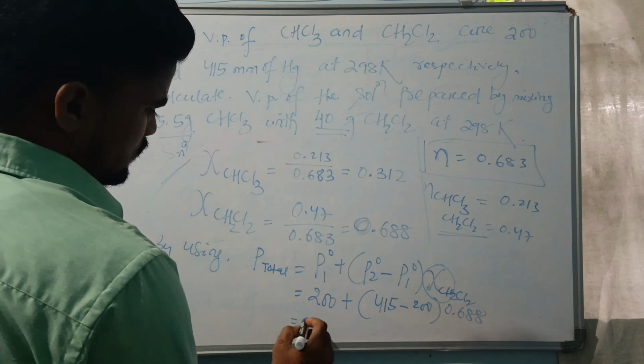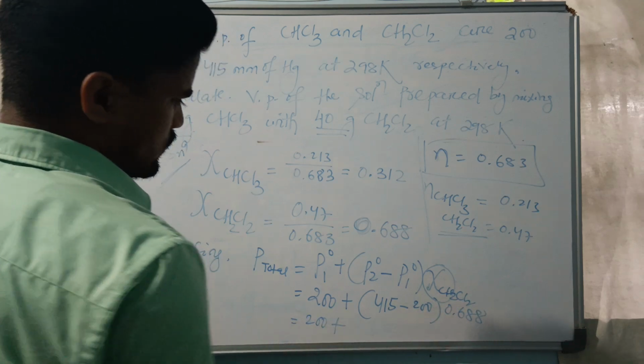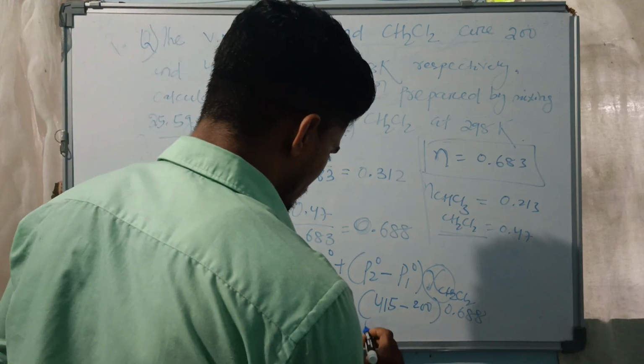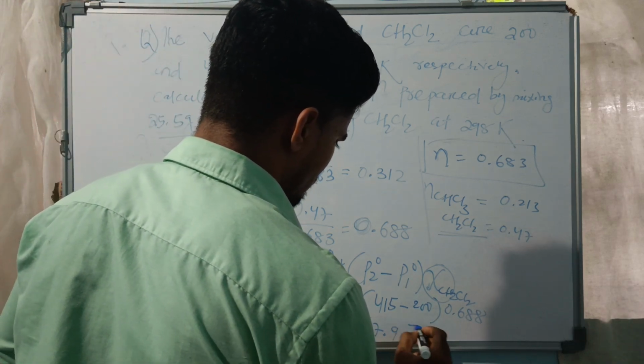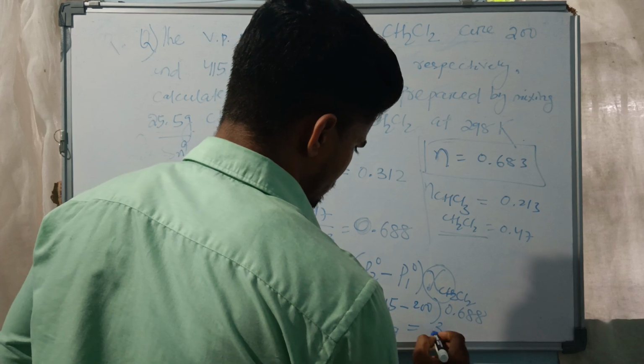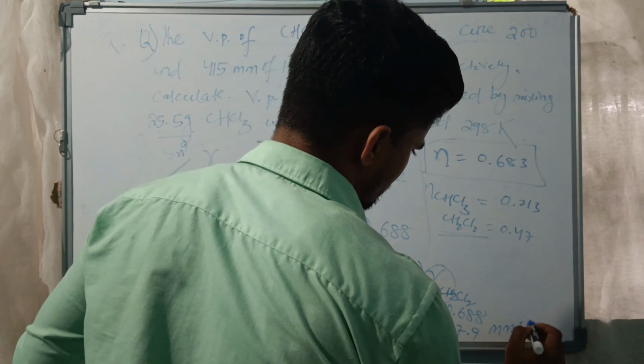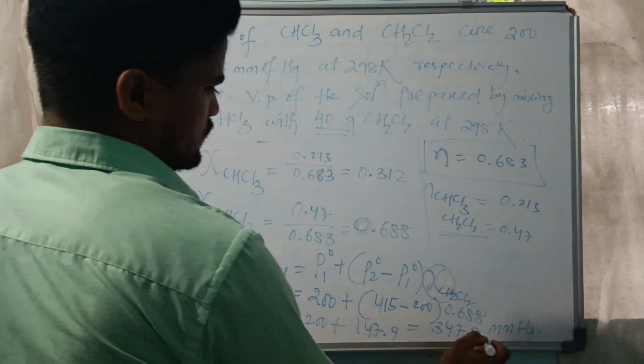So we get 200 plus 147.9, which equals 347.9 mm of Hg.